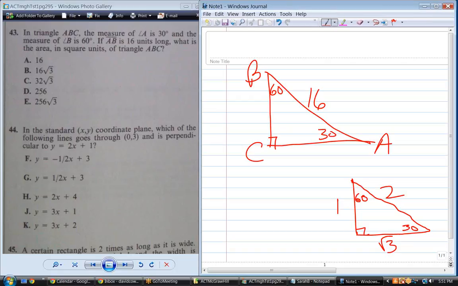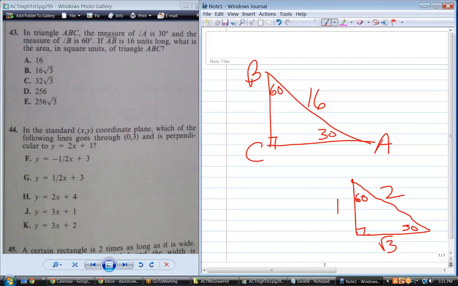That's all it is. They're saying we have a 30-60 triangle that has a hypotenuse of 16. In order to get the area of this triangle, we need its base and its height. So what are those two dimensions? It's the scale factor, or the similarity. Yes, it's 8.